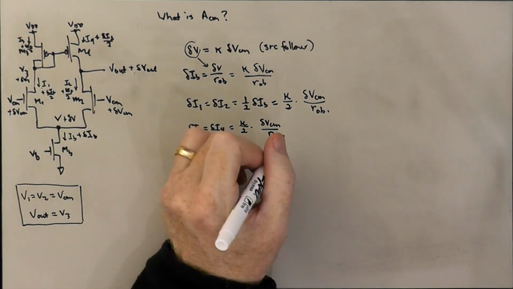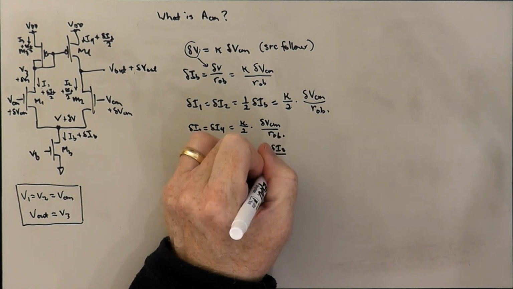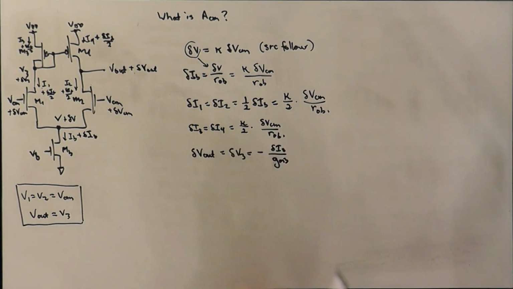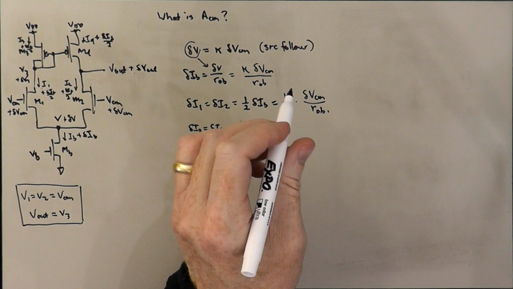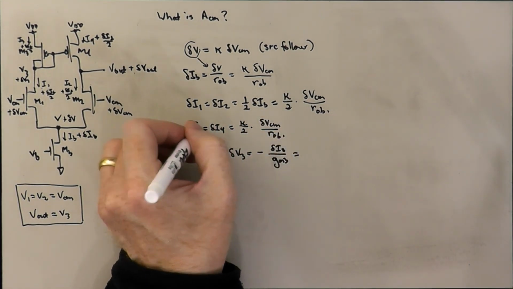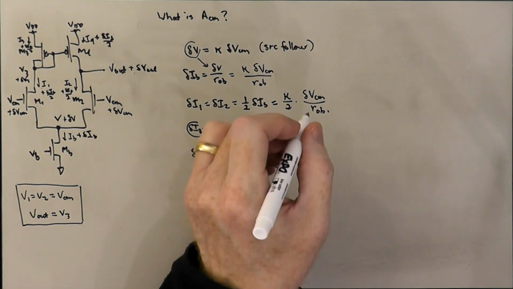And so it's going to be minus delta I3 over GM3. And so we substitute in how delta I3 relates to our input, and we're going to have our answer.